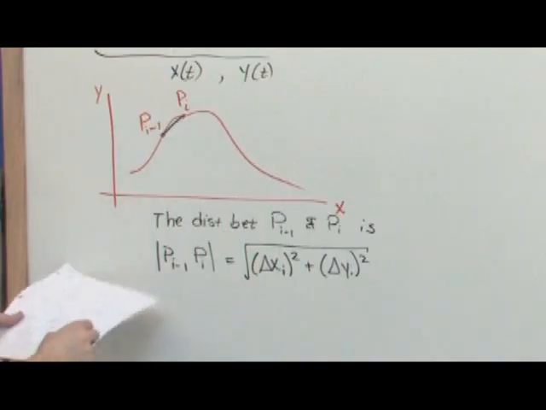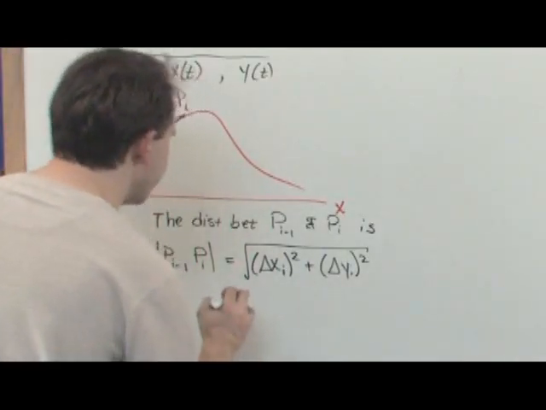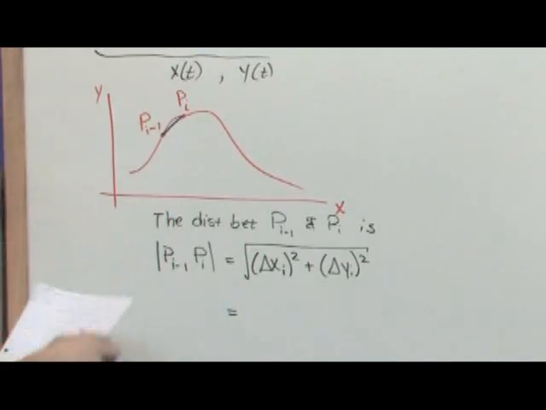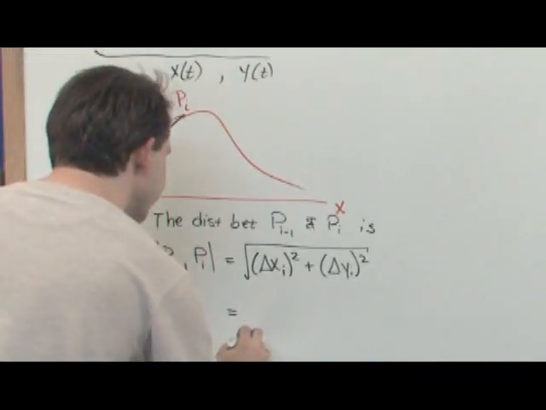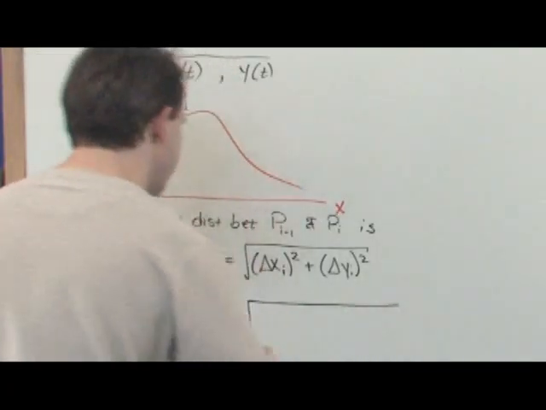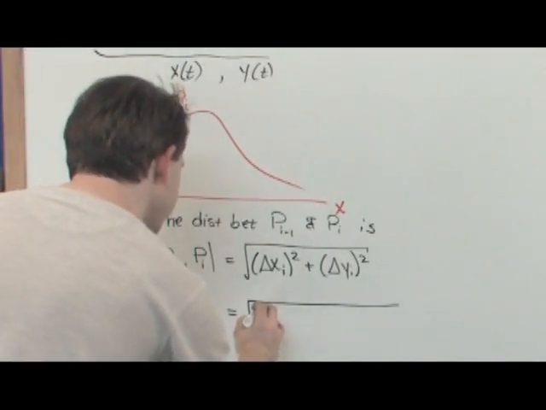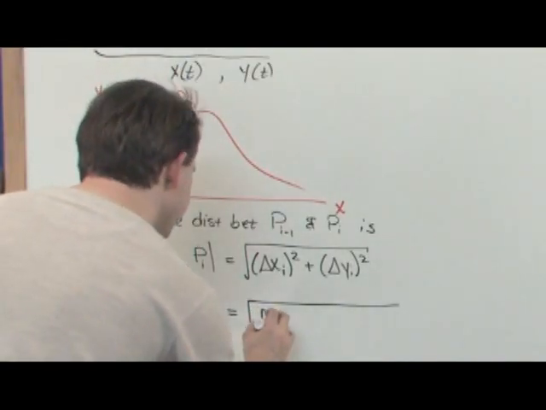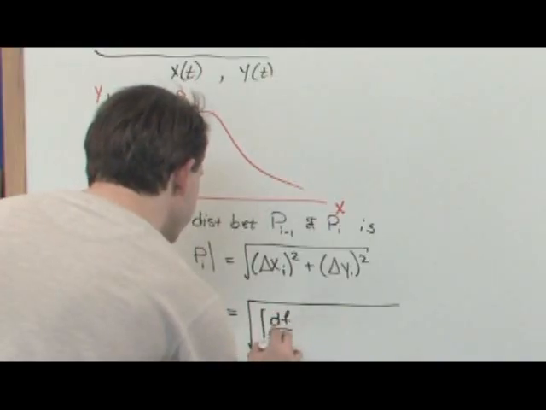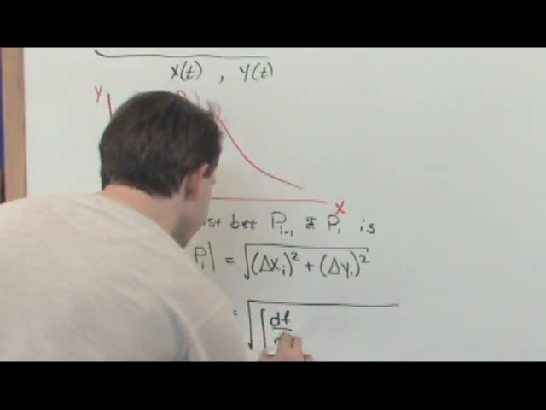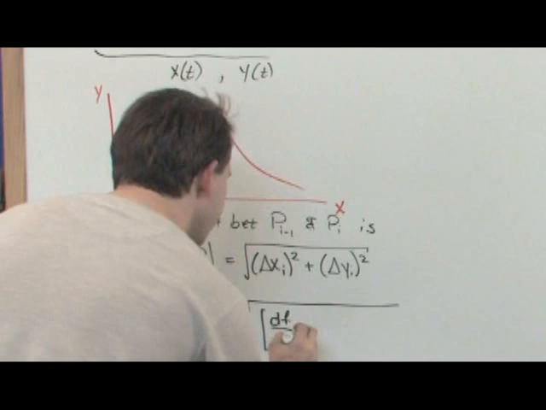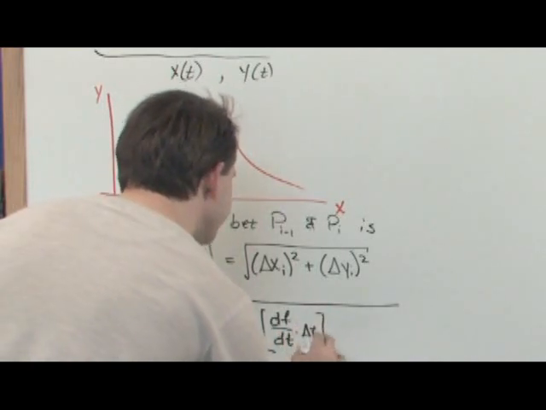Okay, now the next step is crucial for you to understand, so I'm going to spend a fair amount of time on this. I'm going to go ahead and write it down, and then we're going to talk about it. I can rewrite this as follows. This can be written as the square root. I'm going to rewrite delta x here as df/dt times delta t, squared.